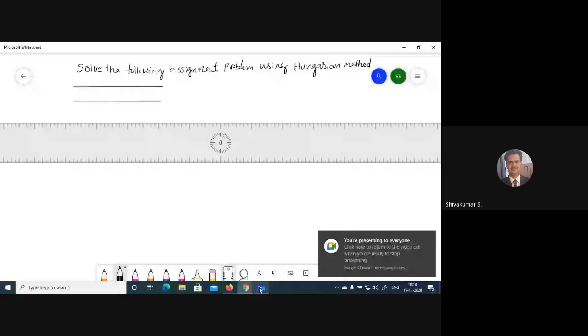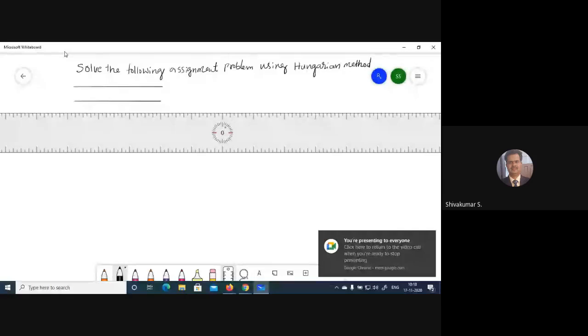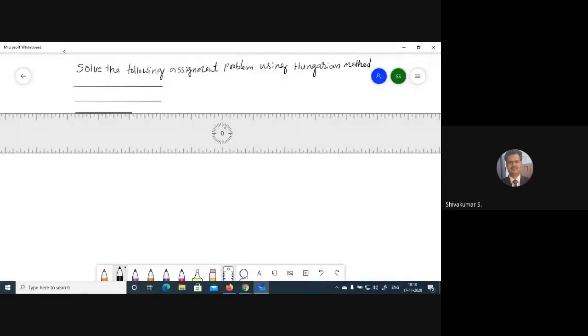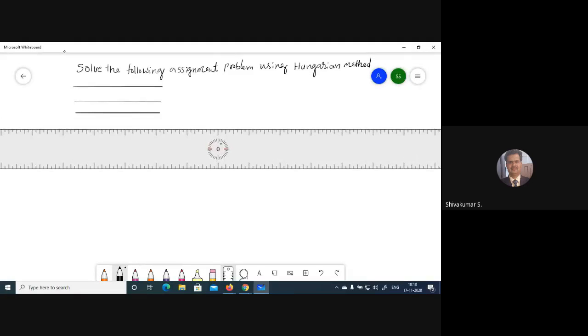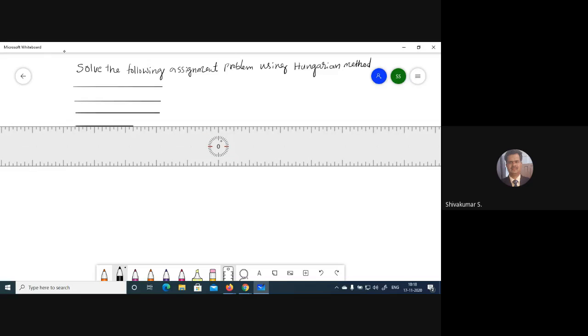Okay. Yeah, it's visible. I'm going to take one problem of the assignment problem just before finally finishing this unit number 2. I will take one more problem just for understanding purposes.